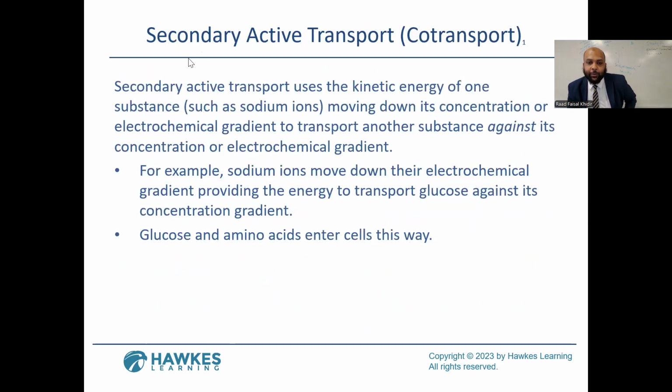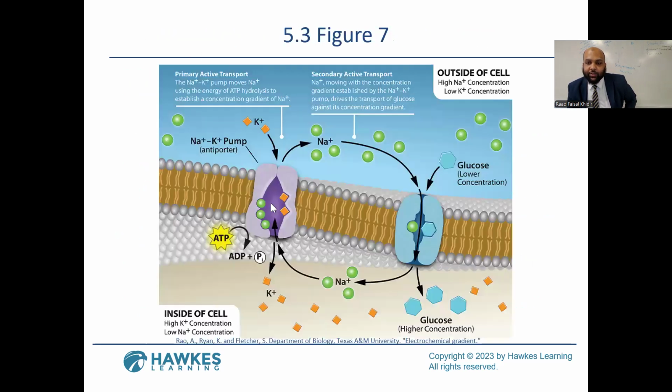Okay, so we talked about the sodium, potassium. So this is really important for you to see that we bring 3 sodium outside the cell and we take 2 potassium from the outside, bring them into the cell. And this sodium that was sent out, so this is primary. What is primary transport?